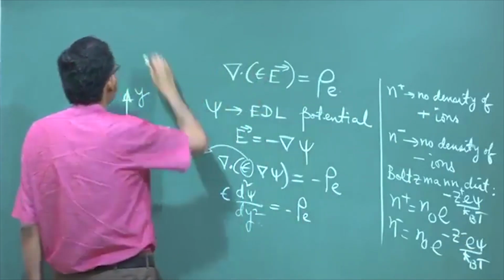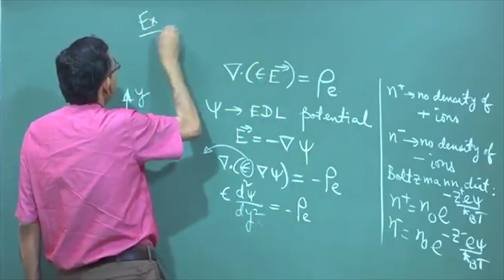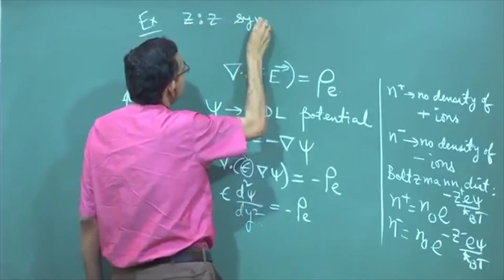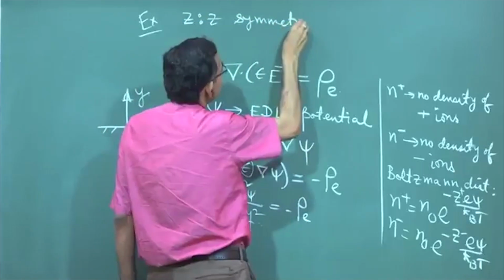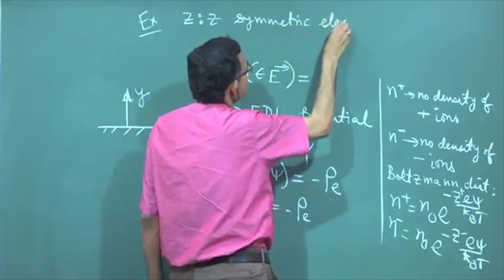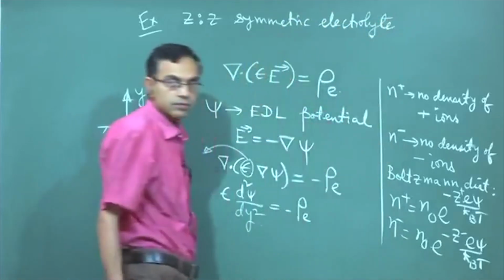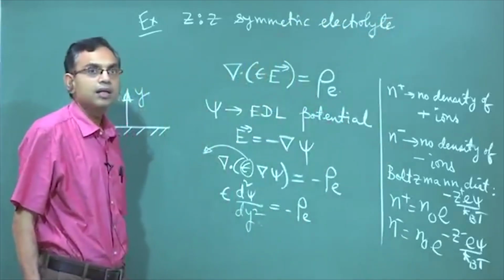Now, as a special example, let us consider a Z is to Z symmetric electrolyte. What does it mean?